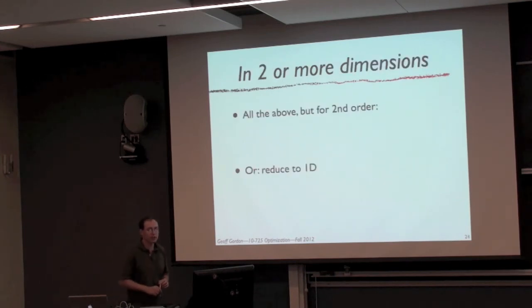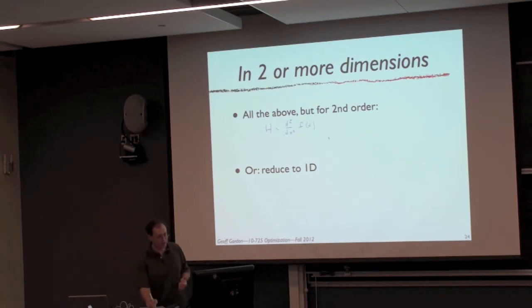Okay, so if we have a function in more than one dimension, all of these above methods still work, except that I have to write the second order condition a little bit differently. So I'll say H is equal to the matrix of partial derivatives of f of x.